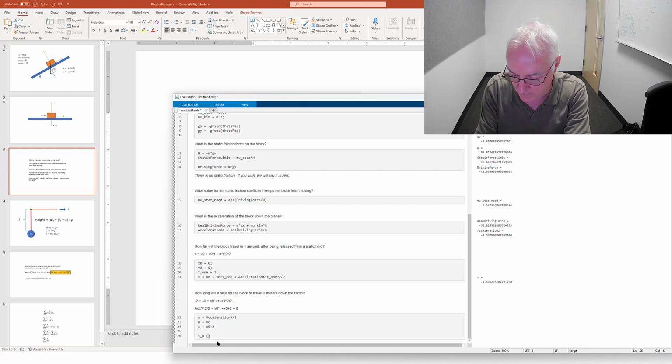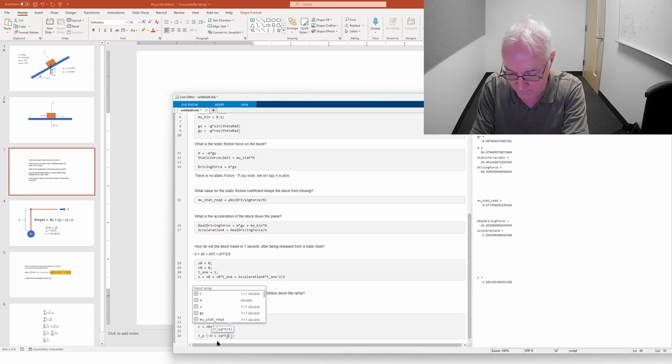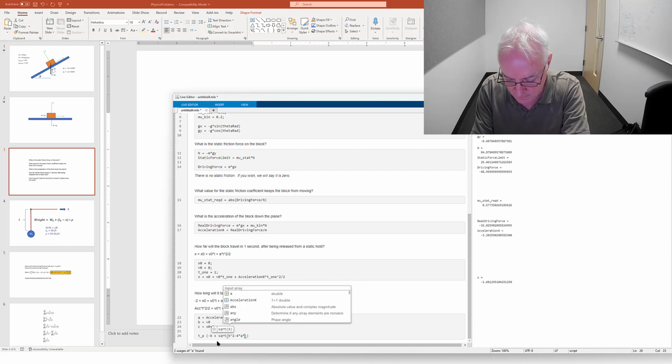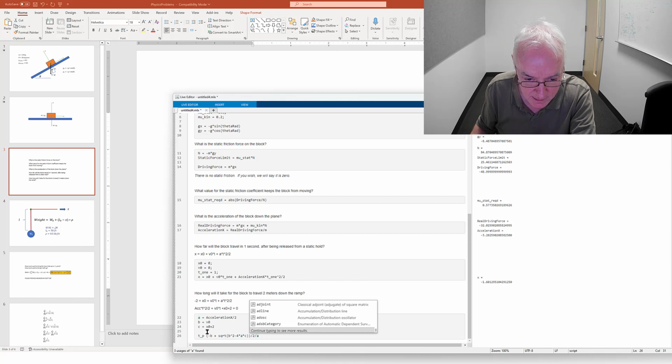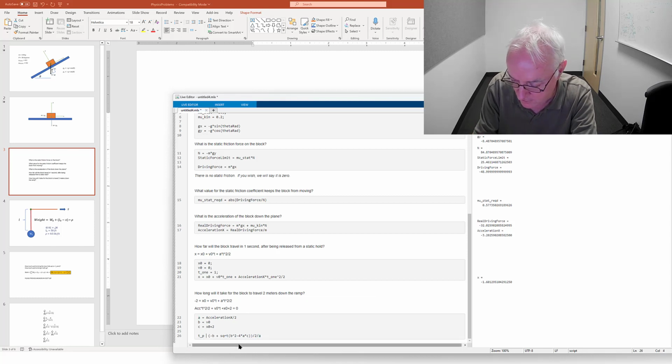So minus b plus the square root of b squared minus 4 times a times c. That looks pretty good. Then we divide the whole quantity by 2a. Now let's put our equal sign in there.